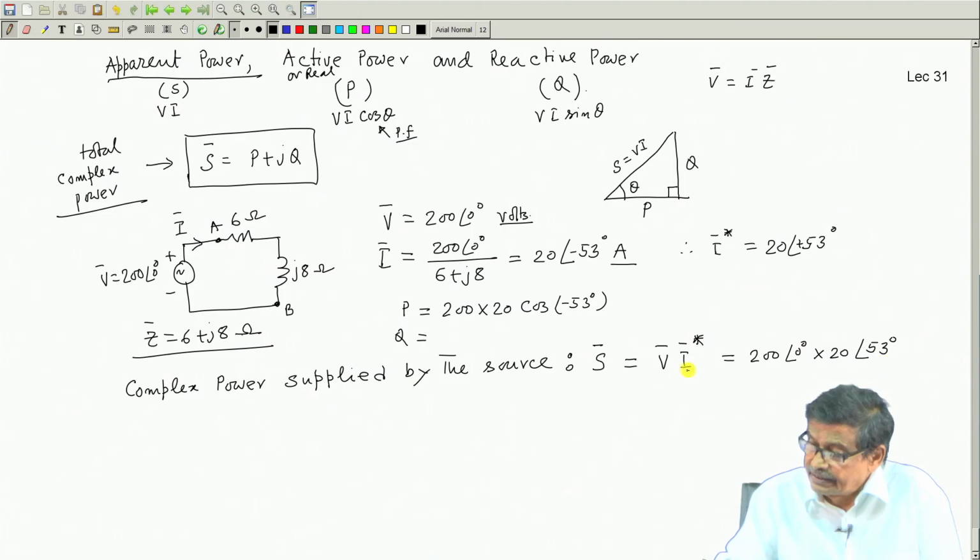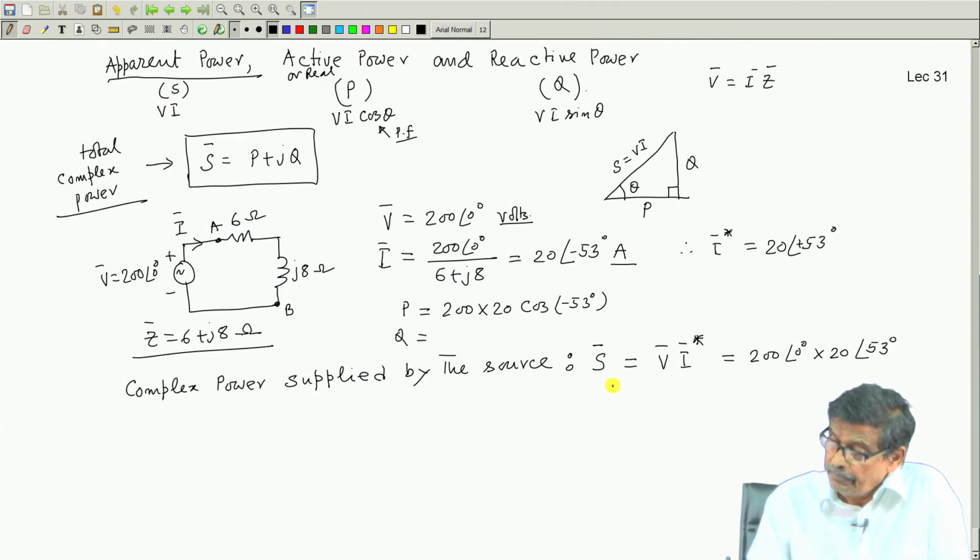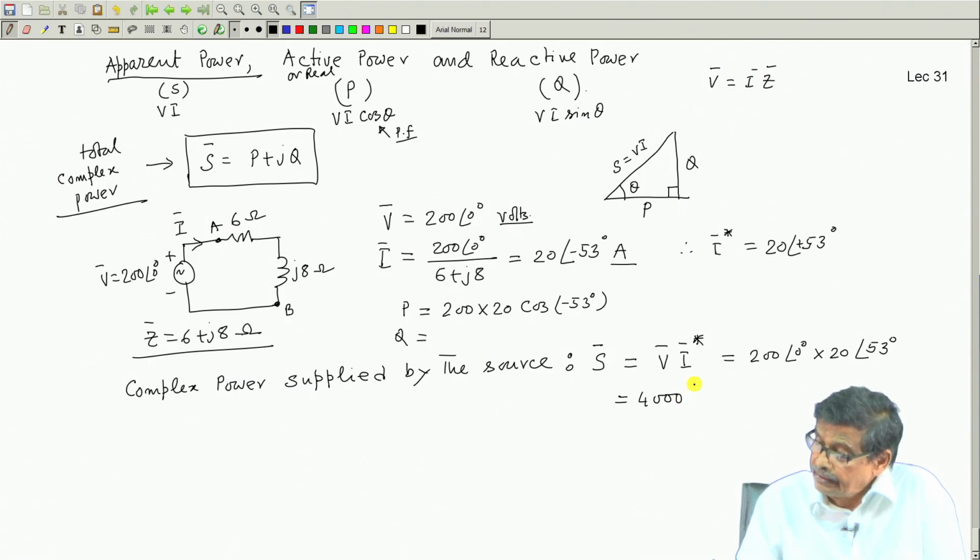This is I star. So, this will be equal to 4000 angle of plus 53 degree, which is of course 4000 cos 53 degree.